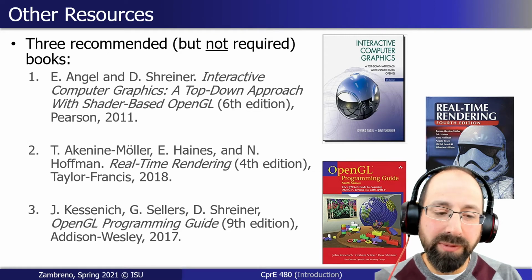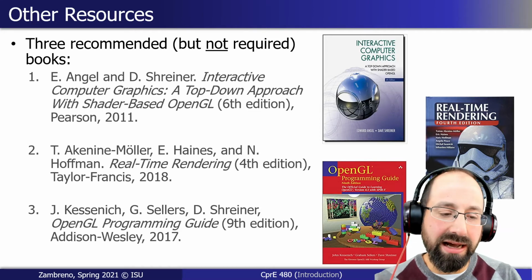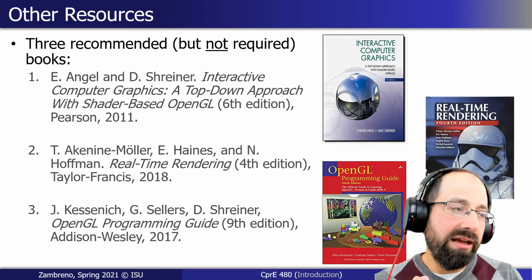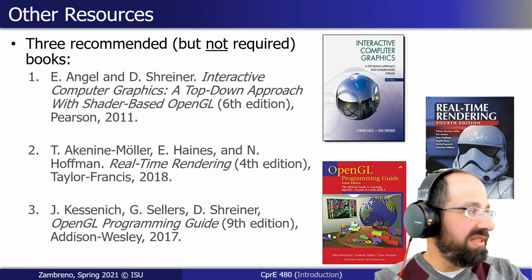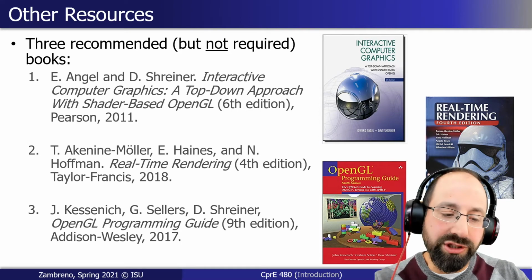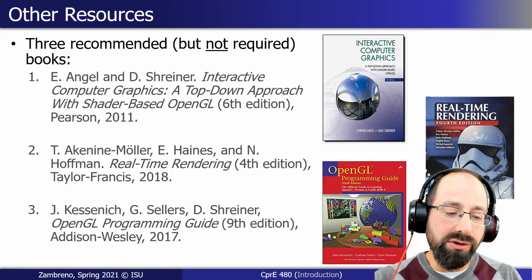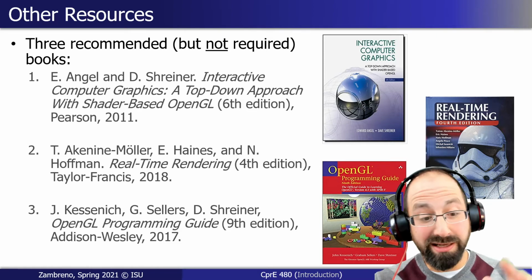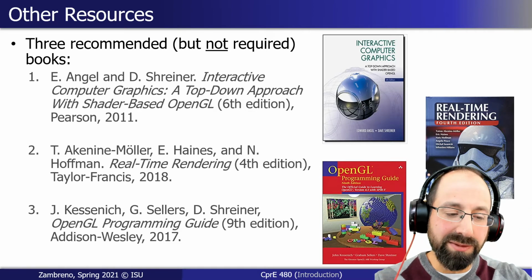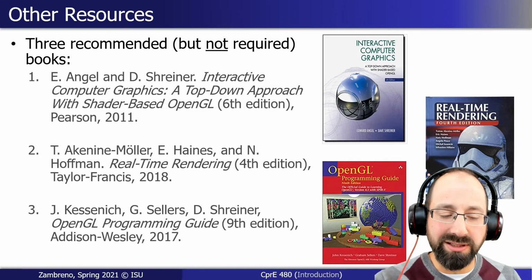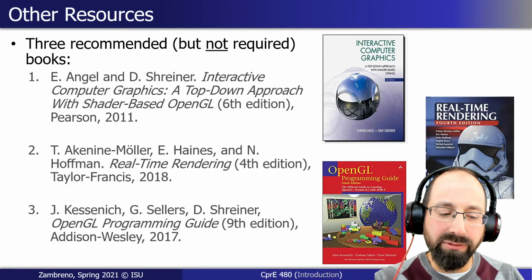We'll talk about that a little bit as we start to get into that topic next week and the week after. There's been a pretty big sea change in terms of how we do OpenGL, so you do have to be careful. Are you using a version of OpenGL that is potentially either too new for us to support in our labs, or too old for us to support in our labs? We have to hit that right spot.